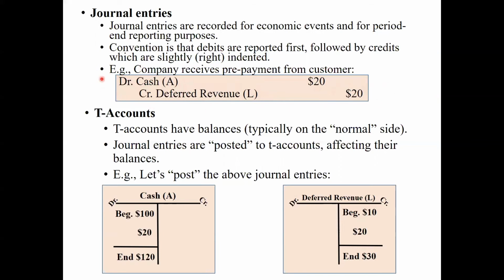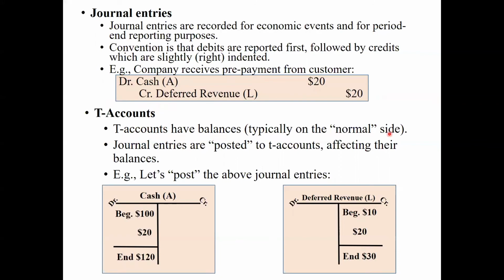You record these when events occur or period ends occur. And you need to true up certain accrual accounts to make sure the income statement represents all the costs that you've incurred during the period and so on. Okay, so now let's talk about T accounts. T accounts are the ones that have balances. And the balance of a T account will typically show up on the normal side of the account.